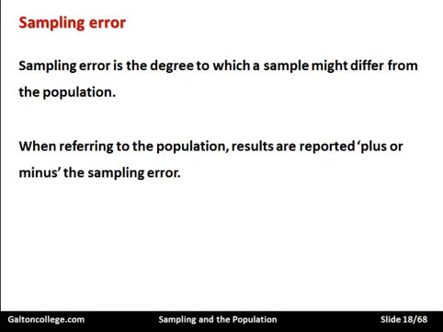When referring to the population, results are reported plus or minus the sampling error. So when we conduct a survey and we find, let's say, the average is a certain amount, what we would say is that the population average is equal to the sample average plus or minus some percentage, or plus or minus some figure.